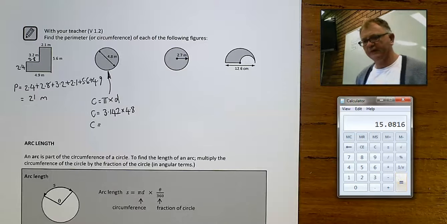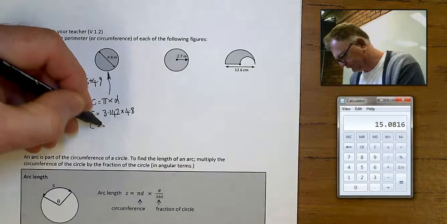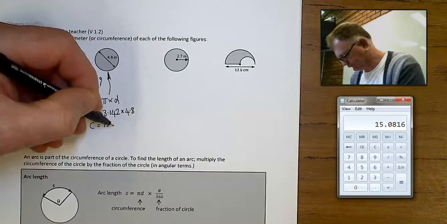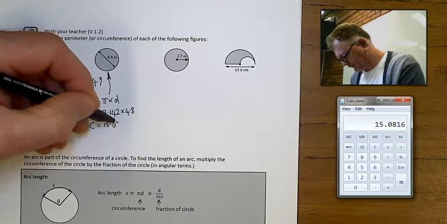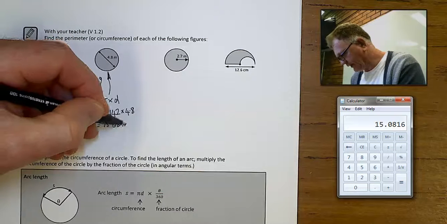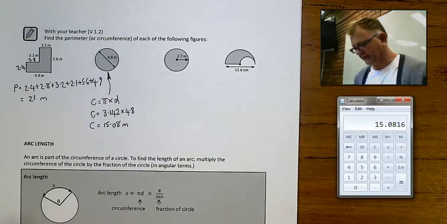I get 15.08. Question was in metres, and so my answer is also in metres.